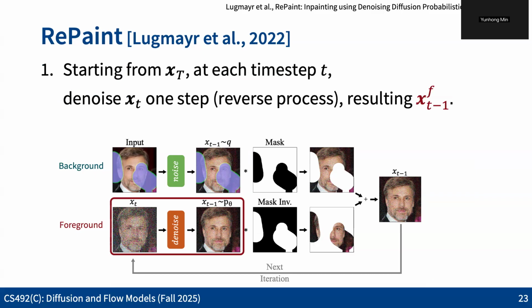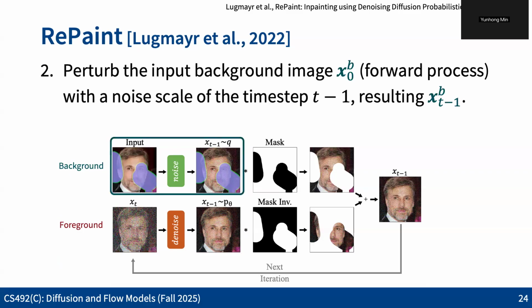So the basic idea is that at each of the denoising steps, let's say we have x_t, right? This is the intermediate noisy data point. And we perform one denoising step in a way that we get x_{t-1}. And now what we want to do is that for the background region here, we perform not the reverse process, but the forward process.